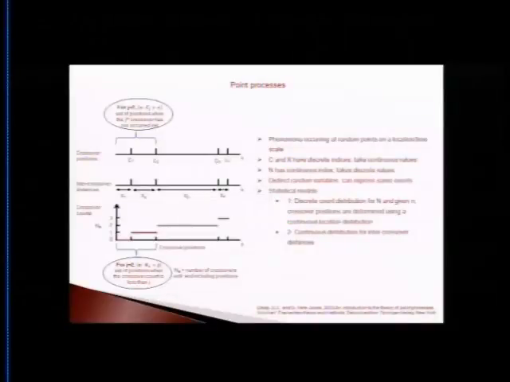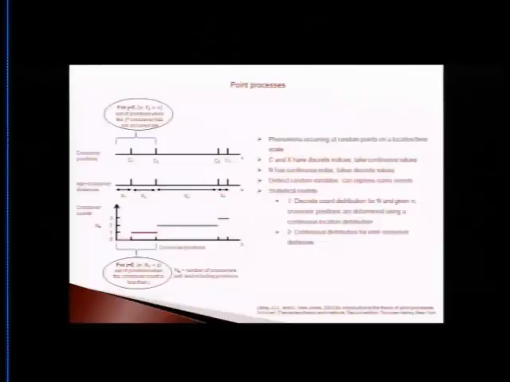So this also is equivalent, although they look very different because C and X have discrete indices and take continuous values, and N has a continuous index. N is defined as the number of crossovers until and including position s.